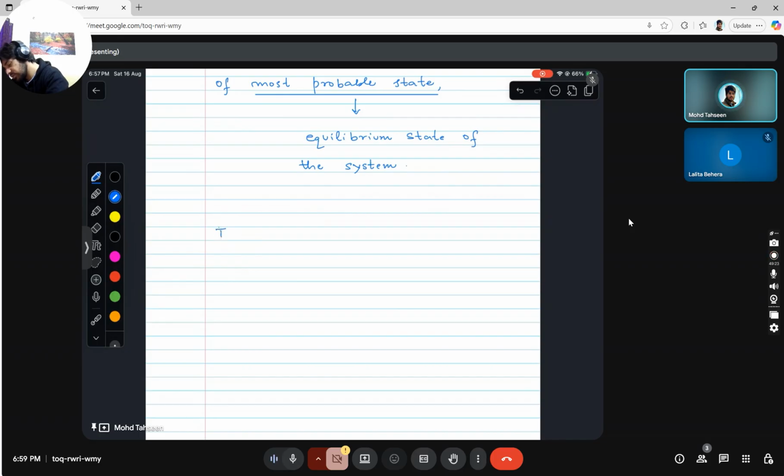Imagine a system of two particles, and let's say that the energy of the system has to be 3 epsilon.